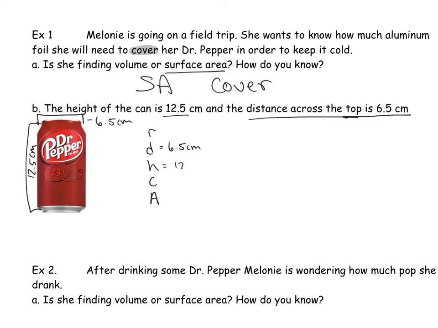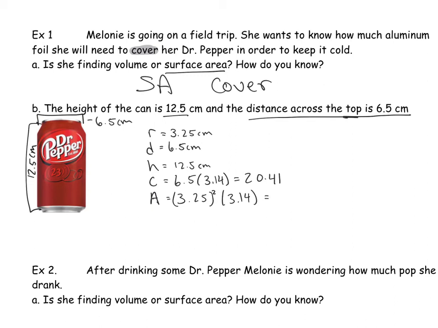The height will be 12.5 centimeters. The radius will be half of 6.5, so that's 3.25 centimeters. The circumference will be 6.5 times 3.14. When you multiply that out, you get 20.41. For the area, we have to take the radius, 3.25, square it, then multiply that by 3.14.